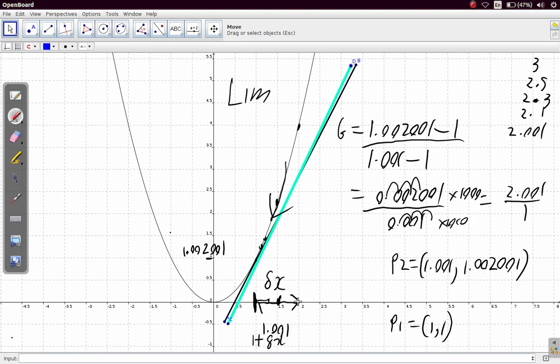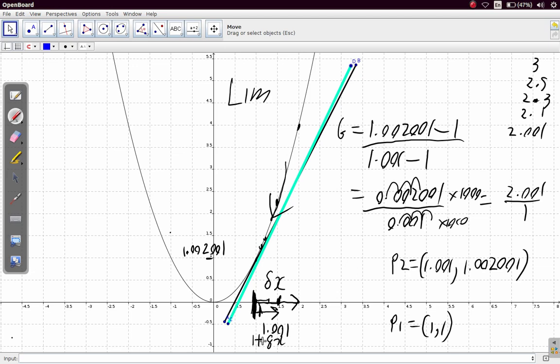When del x was 1, x was 2. When it was 0.5, x was 1.5, which is 1 plus 0.5. When it was 0.1, x was 1.1, which is 1 plus 0.1.